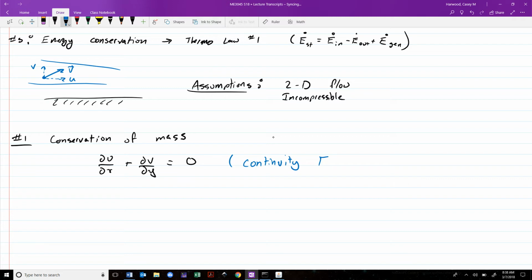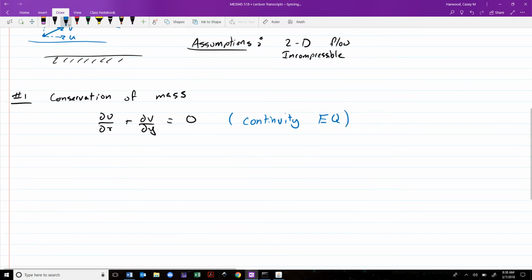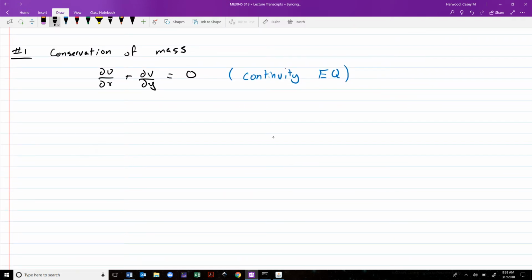Continuity equation. Number 2, Newton's second law goes as follows. Density times du/dt. This will be the x component. That is like Fx equals m times acceleration in the x direction.